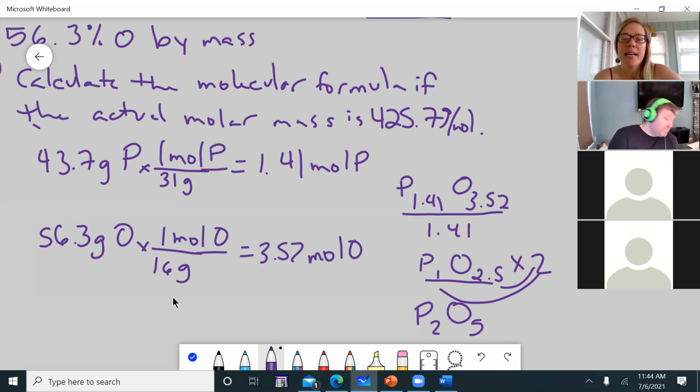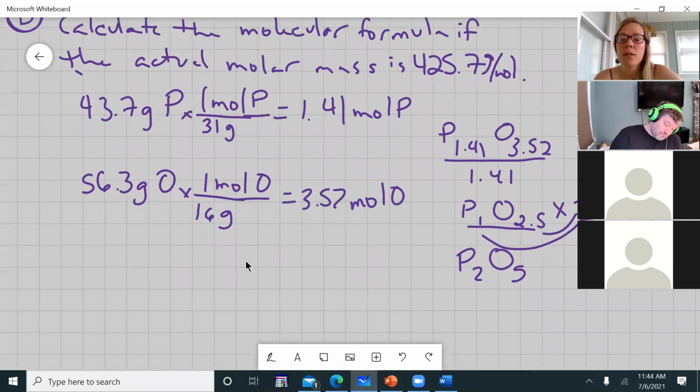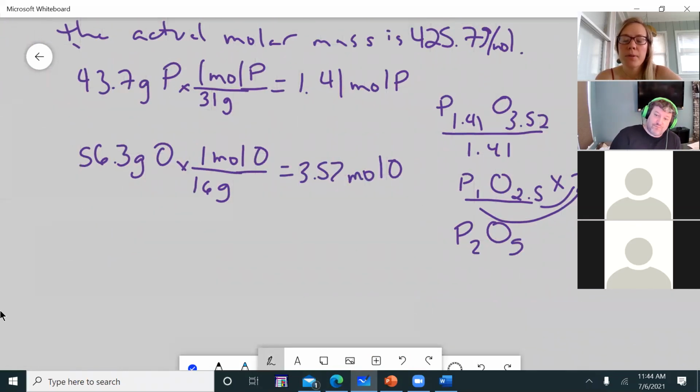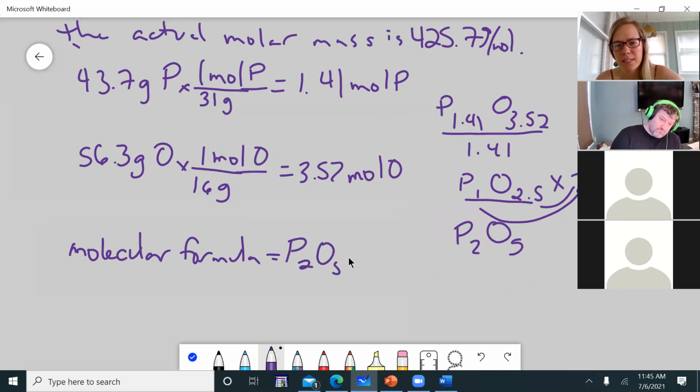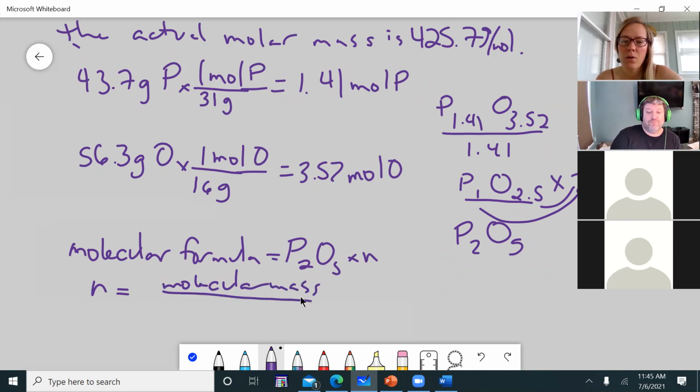The second part says, calculate the molecular formula. The molecular formula is going to be some sort of multiplier of this. So molecular formula equals our empirical, which is P2O5, times N. We need to find N. N is equal to molecular mass over empirical mass.